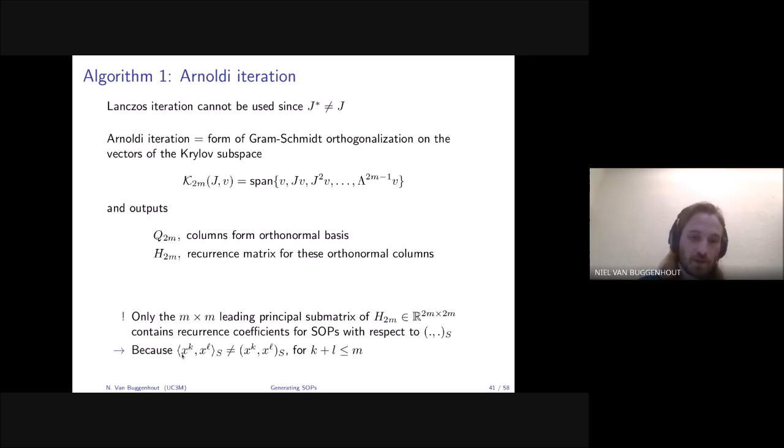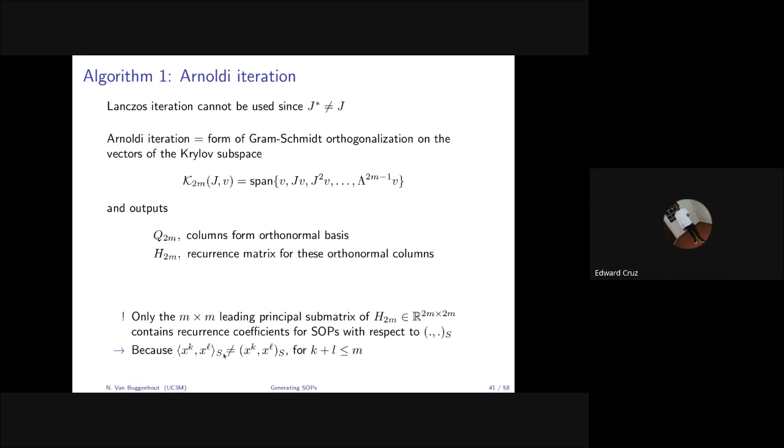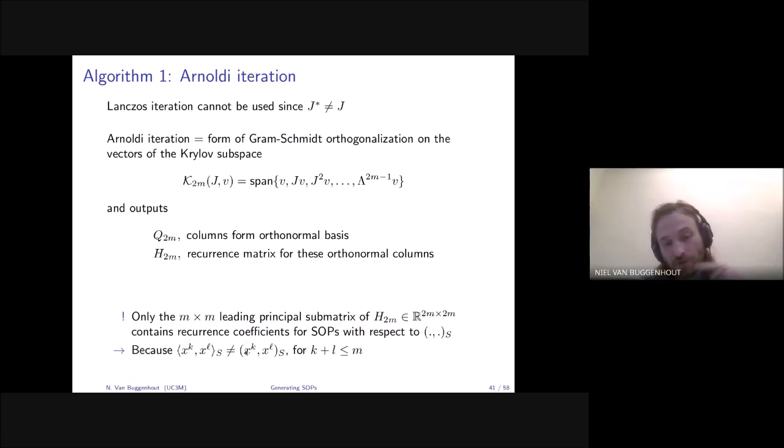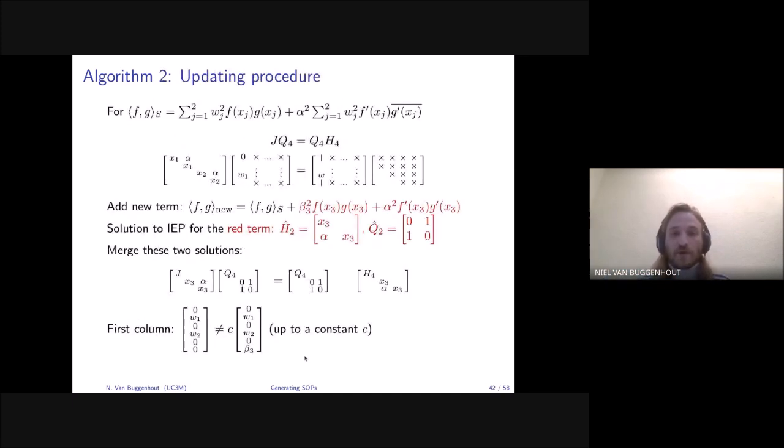Because, on the bottom there's another mistake, the discretized Sobolev inner product for X_K, X_L is not equal to the continuous Sobolev inner product for K plus L larger or equal to m. So this means that we lose the connection between the discretized and the continuous inner product if we go too far. So we have to select only the leading principal submatrix of H_2m.